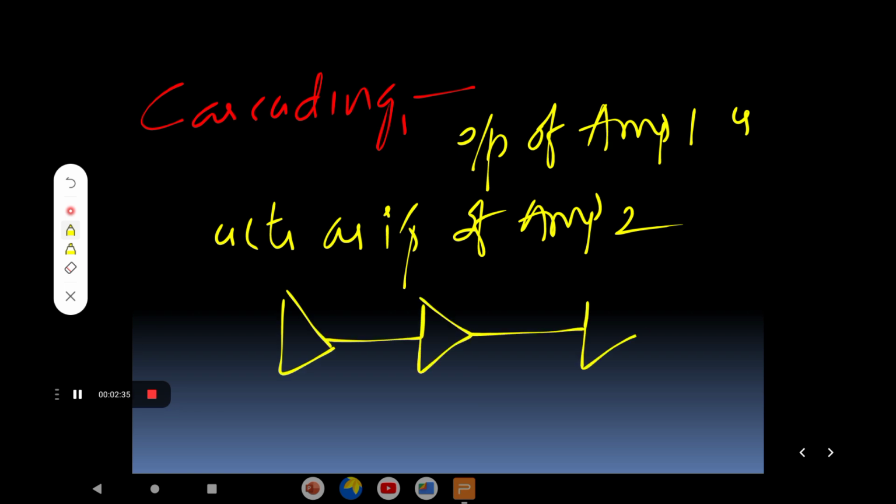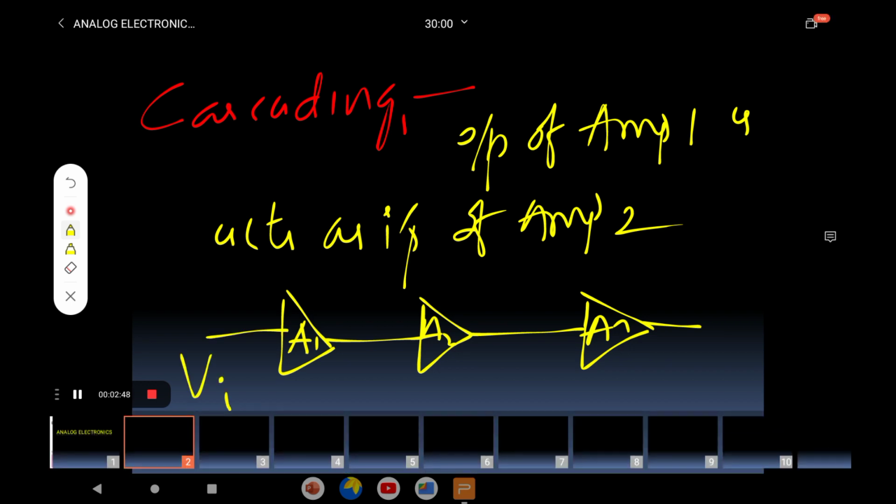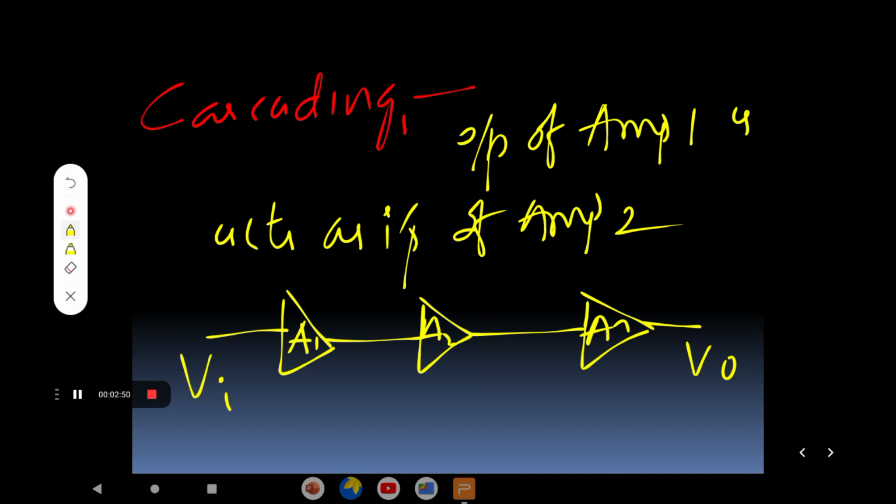Suppose you are representing it, I will call them A1 amplifier 1, A2, AN like this, if you are going for generalization. The first amplifier has input Vi, and the last one has the output. This is generally called a multi-stage amplifier.